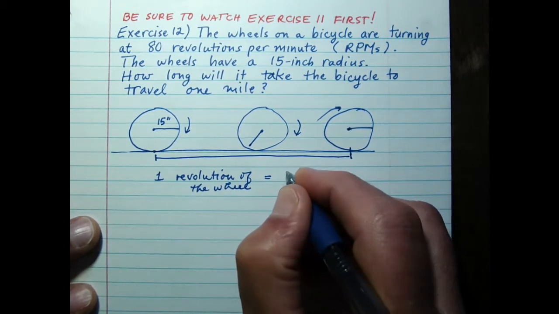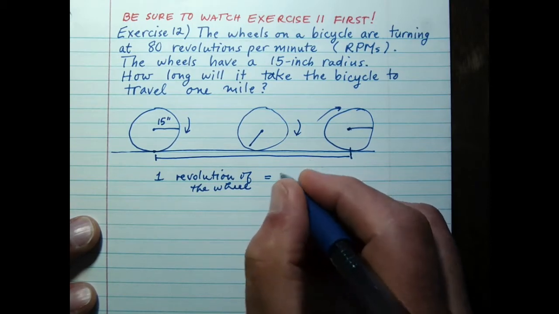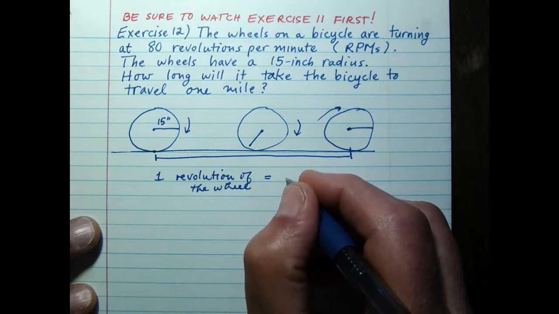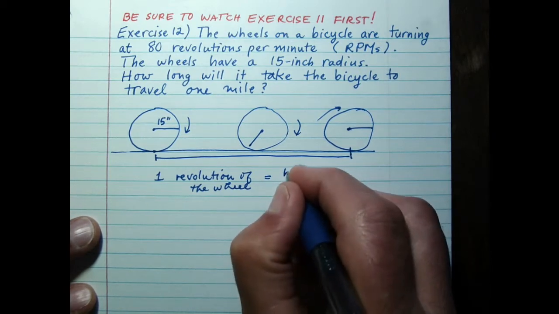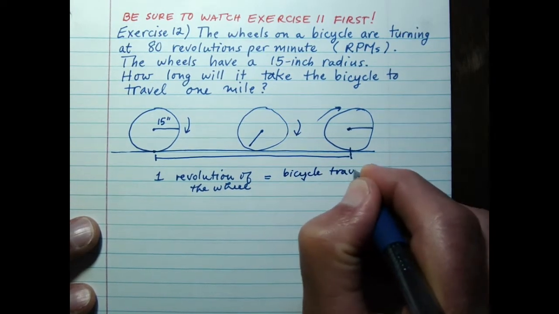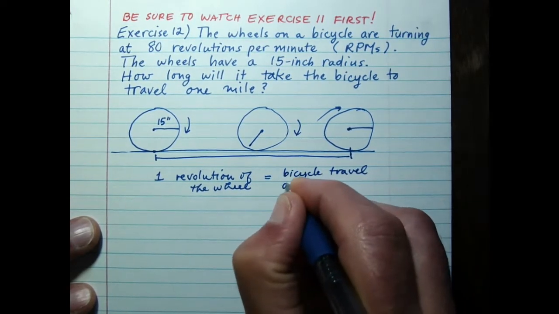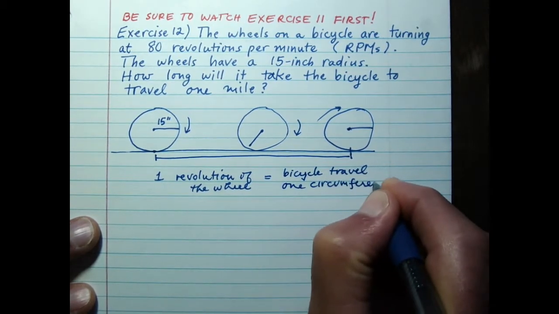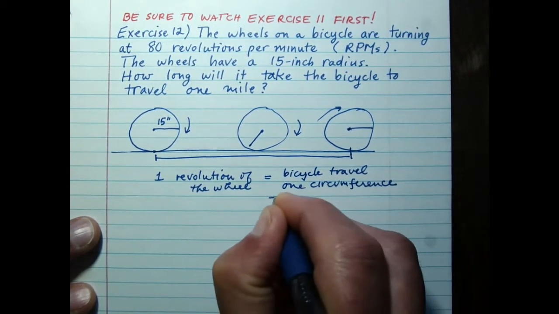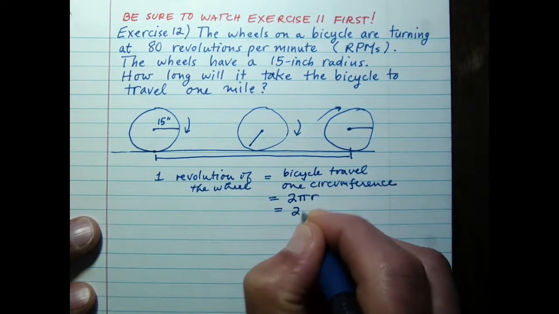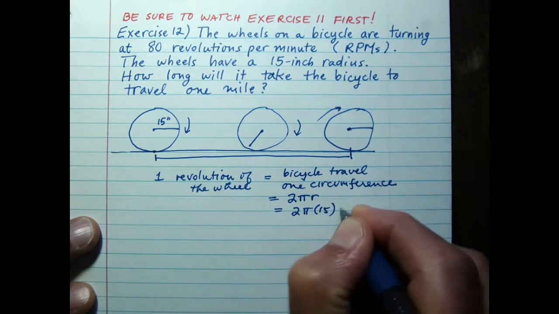Well, that's equal to 1 full revolution of the wheel. The bicycle travels 1 circumference of distance, which is 2 pi r, or 2 pi times 15.